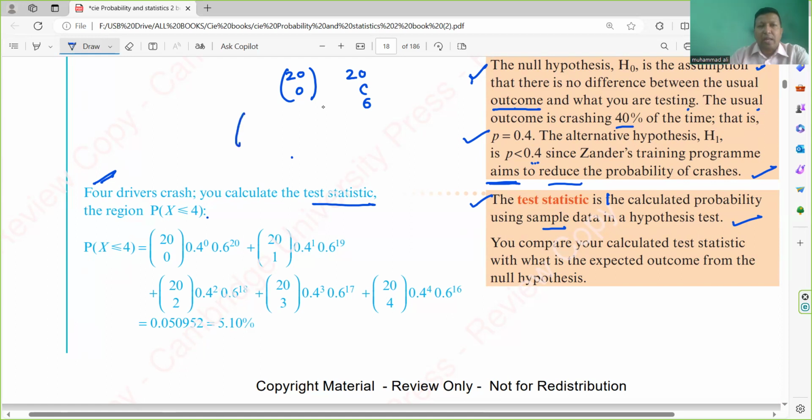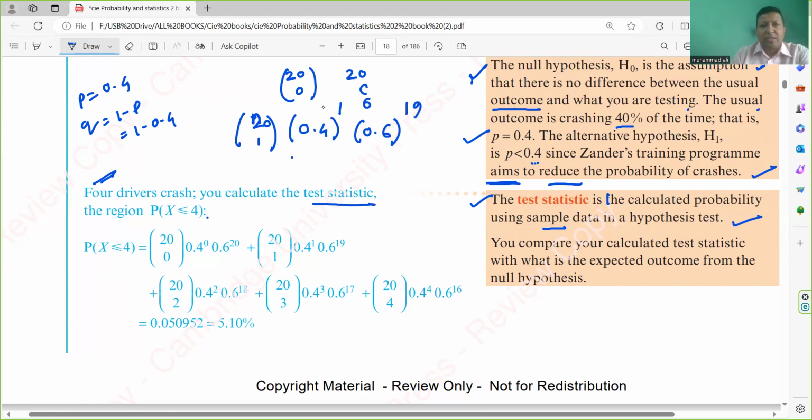So p is 0.4 and q equals 1 minus p, that means 1 minus 0.4, so it will be 0.6. The power of 0.4 goes up by one each time, and the power of 0.6 is 20 minus that, so 19 in the next term, in this way.